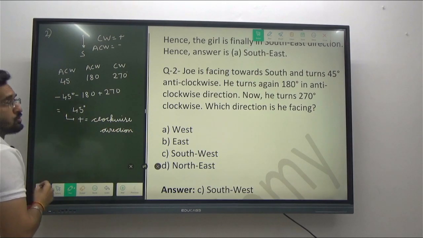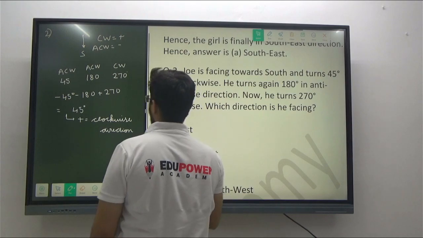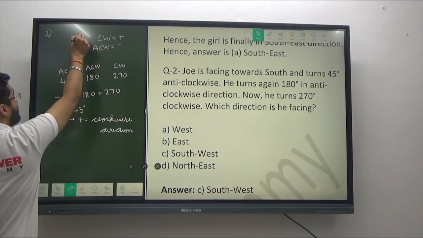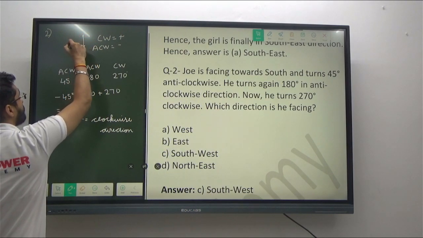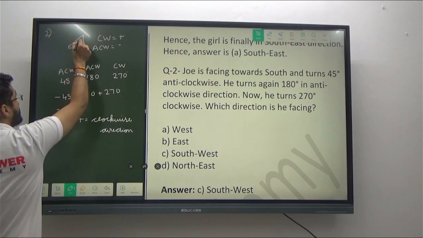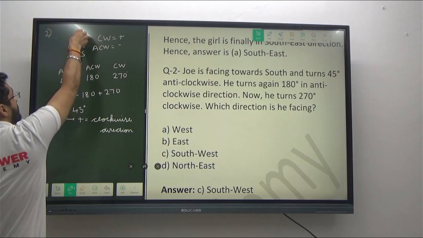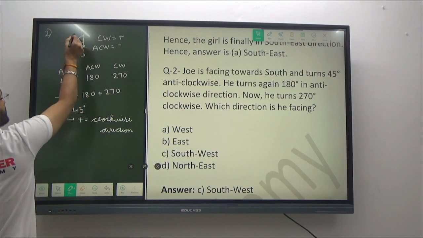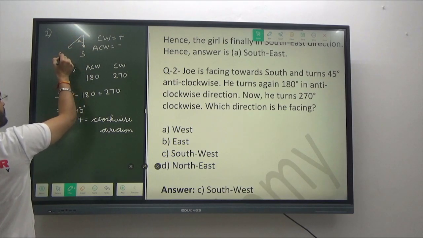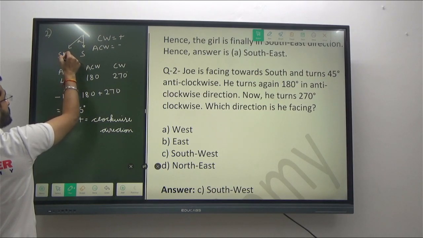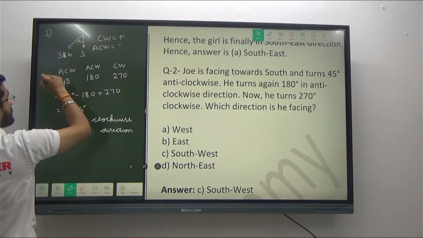Okay. So, Joe is facing towards south. If he is facing south and we rotate in the clockwise direction by 45 degree, which direction will he be facing? So, see, he is facing south. If he rotates 45 degree this way clockwise, which direction will he be facing? So, this direction is basically your southwest direction.